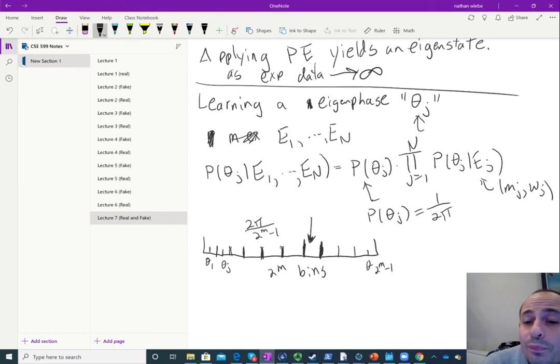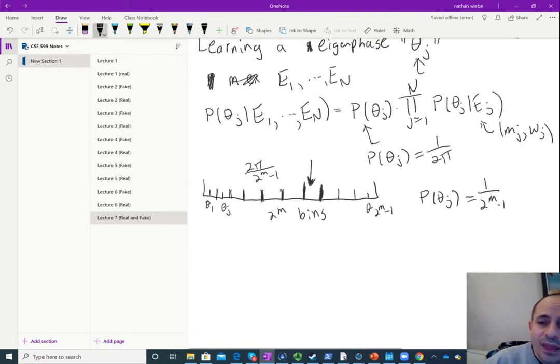Now, once we've done that, we can end up just taking P of theta j in this now discrete version, where we don't have a continuum, we've got individual bins, is just going to be 1 over 2 to the m minus 1. So this is just the probability of each of them being equal.